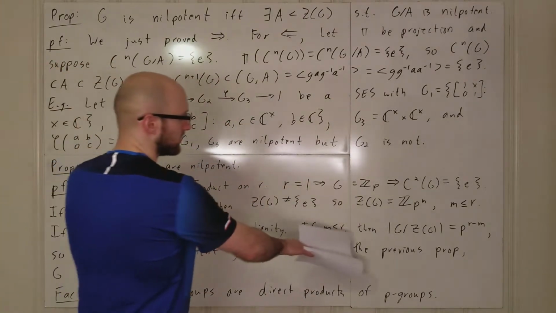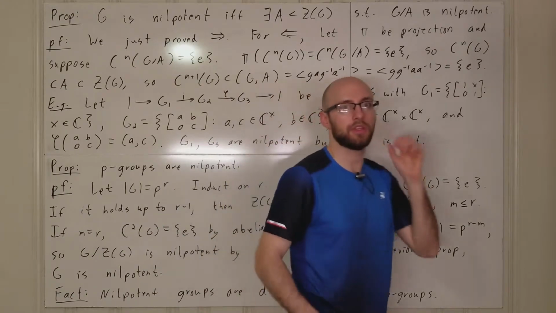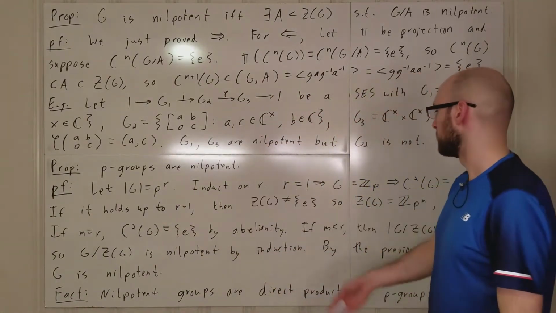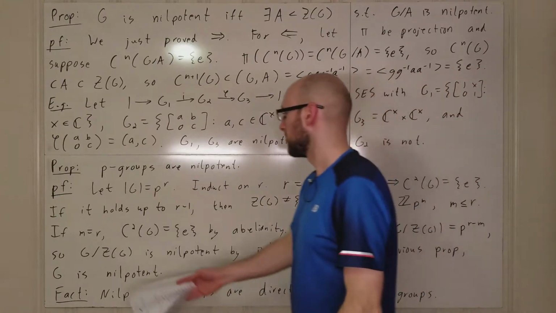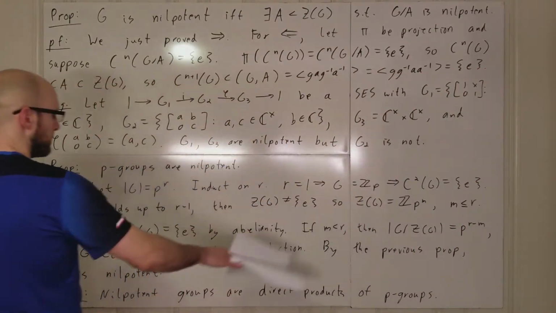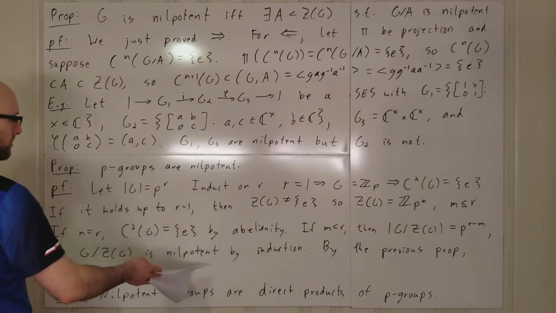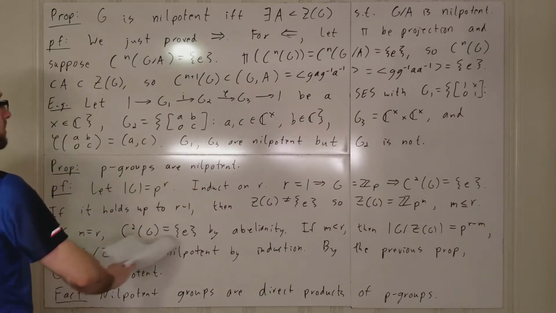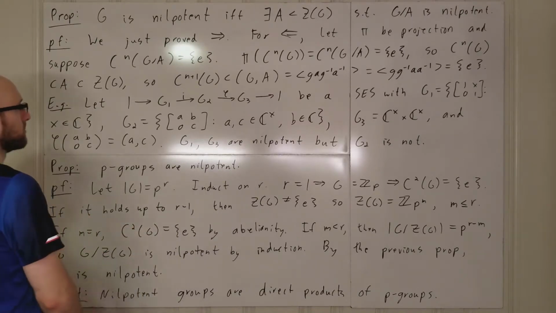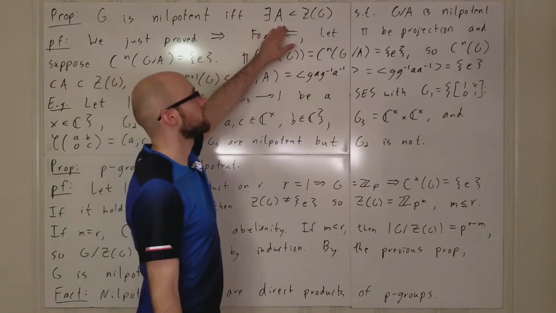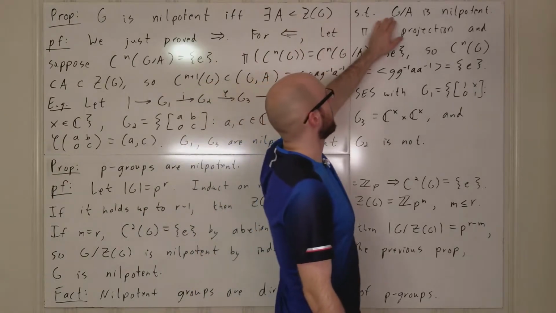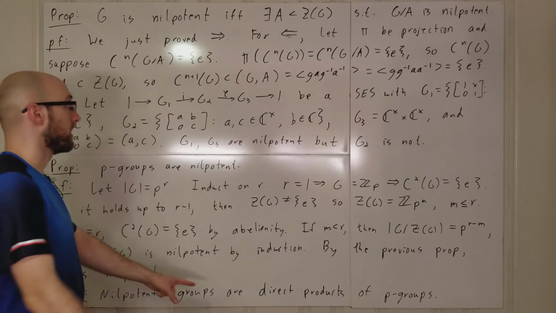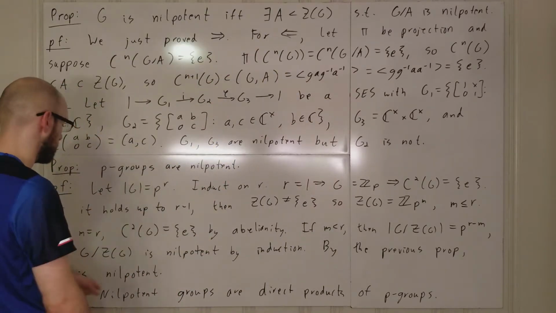If m is strictly less than r, then r minus m is strictly less than r, and so you can apply the induction hypothesis here. And so what you get is that G mod Z(G) is nilpotent. And so Z(G) is our subgroup A here, and G mod Z(G) is nilpotent. That's what we proved here. And so applying that previous proposition, we get that G is nilpotent.